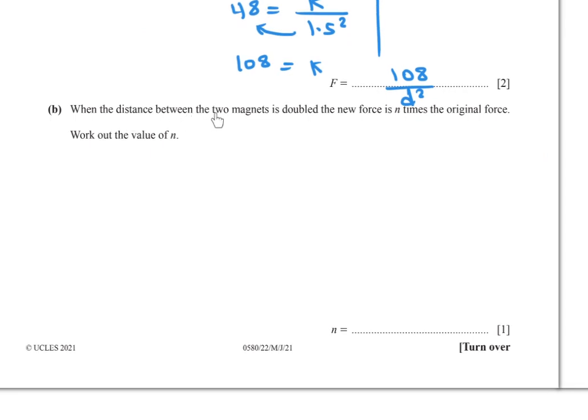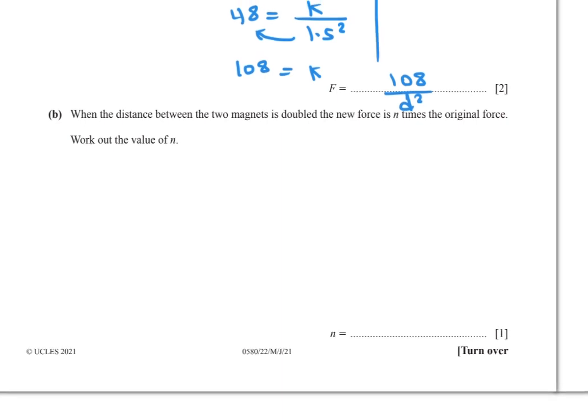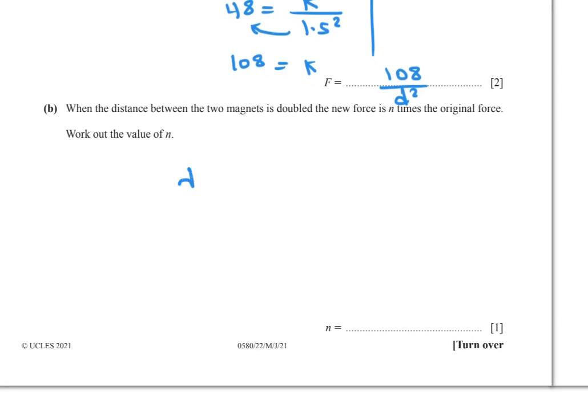When the distance between the two magnets is doubled, the new force is N times the original force. Work out the value of N. So now, because this is inversely proportional, if the distance is multiplied by 2, the force is divided by 2 squared, so divided by 4.